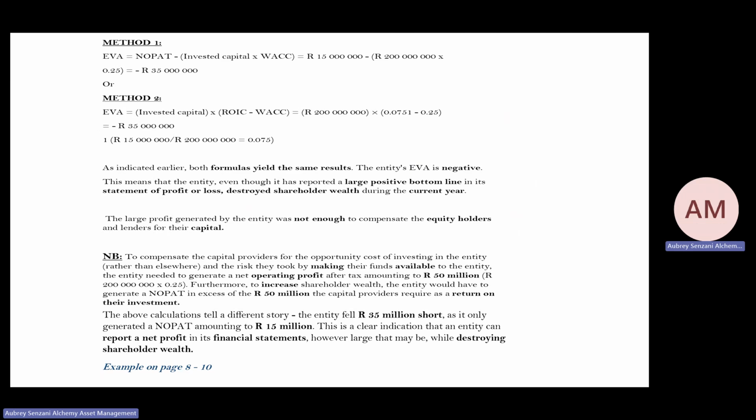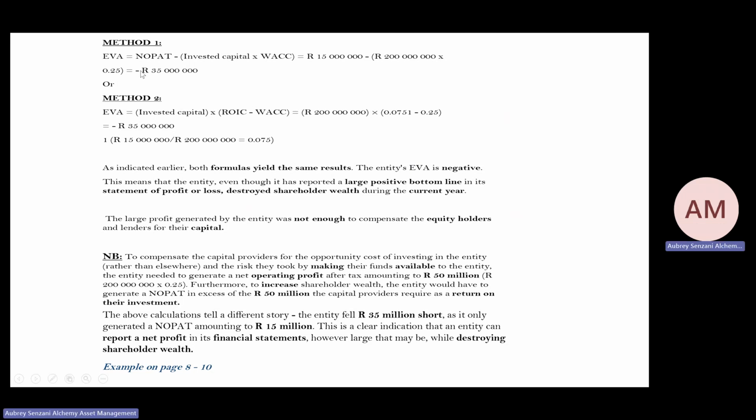So here's a practical illustration. Remember our formula. I like method one. I find it easier. Net operating profit minus your invested capital times your WACC. So 15 million minus 200 million times 25%. And voila, you get a negative 35 million.